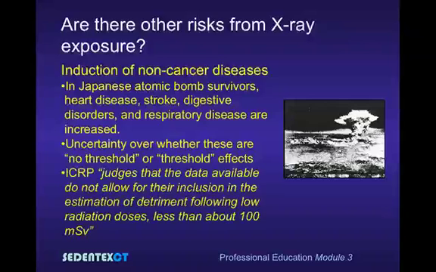The ICRP says that the data available do not allow for their inclusion in estimation of detriment following low radiation doses less than about 100 millisieverts. So in terms of dental exposures, we can safely ignore this effect.